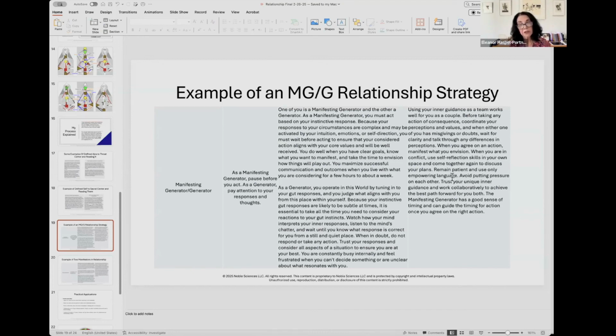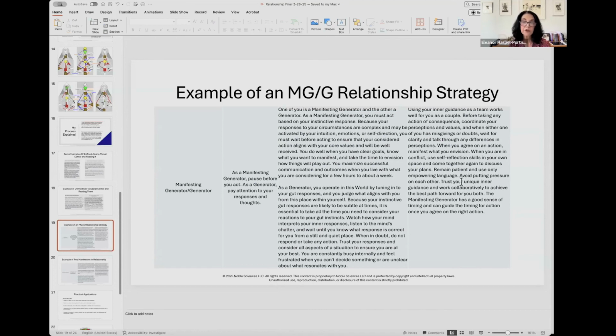Remain patient and use only empowering language. This is important. Do not ever use disempowering language in a relationship. And if you feel anger and blame and questioning of your partner, be silent.